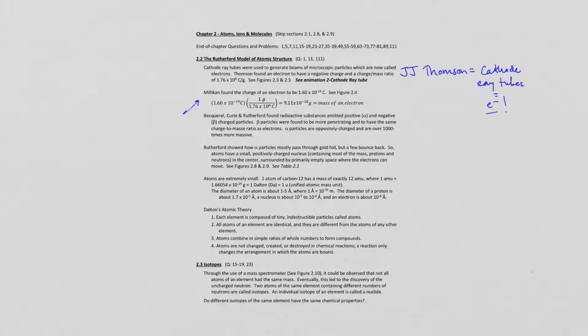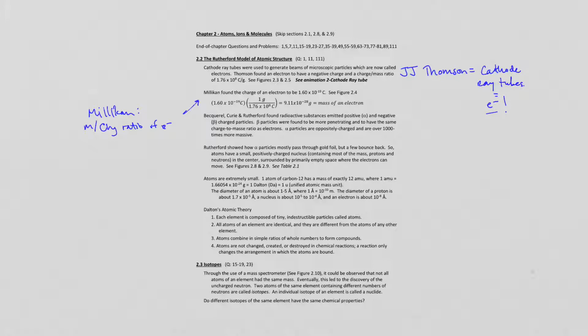He would also know the mass of the oil drop, so he could derive the mass to charge ratio of an electron. So, Millikan, mass to charge ratio of electron.